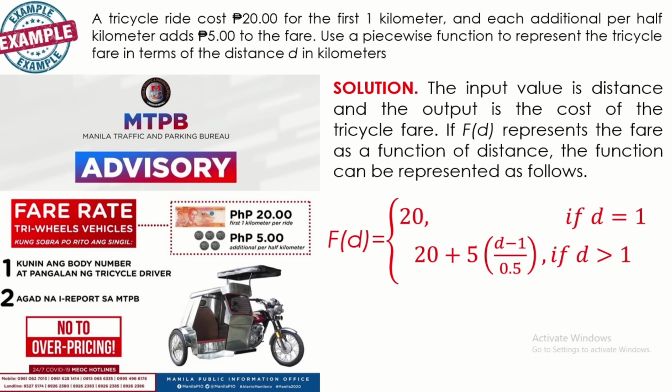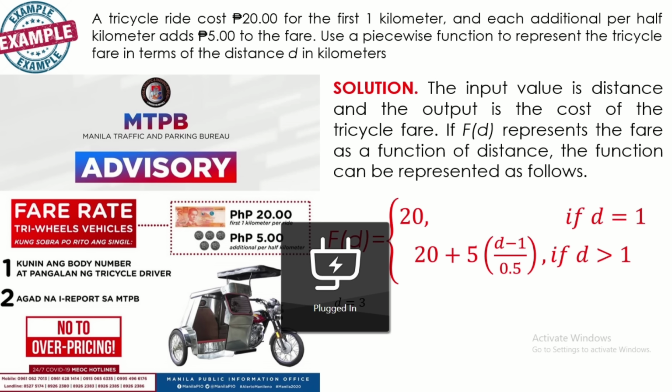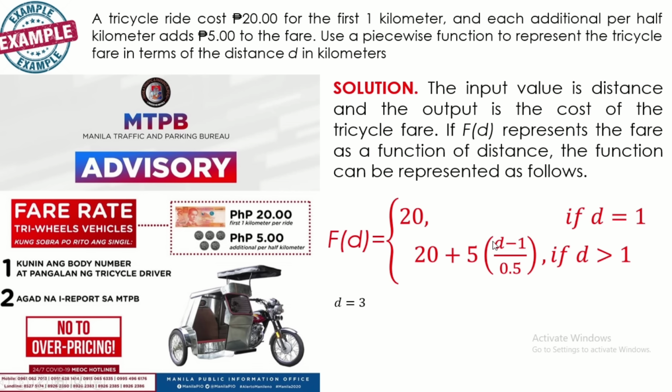For example, yung sinasabi ko, umabot ka ng 3 kilometers, no? Yung distance na na-travel mo ay 3 kilometers. Magkano ang ibabayad mo sa tricycle gamit yung function na to?